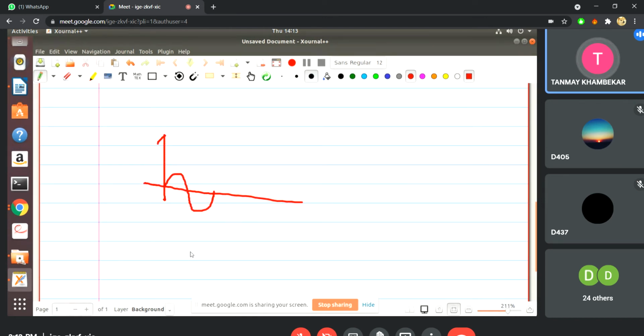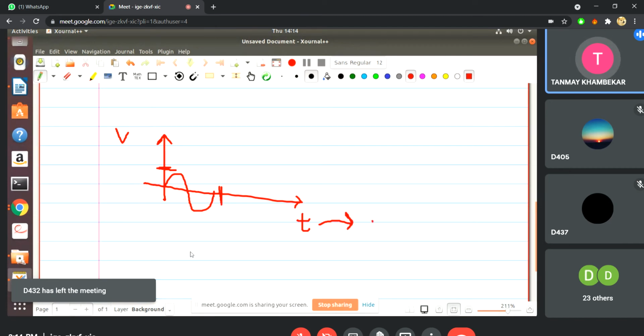What does this axis represent? Volts, amplitude, and this represents the time. When I want to measure this waveform, I will measure two things: the amplitude, and the time period for one cycle. And from this I will calculate the frequency.